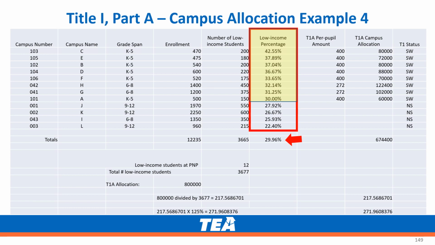Because the LEA is serving one or more campuses below 35% poverty, the LEA must calculate its 125% per pupil amount according to the statutory formula.